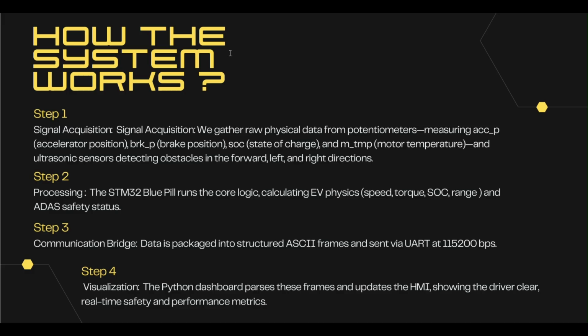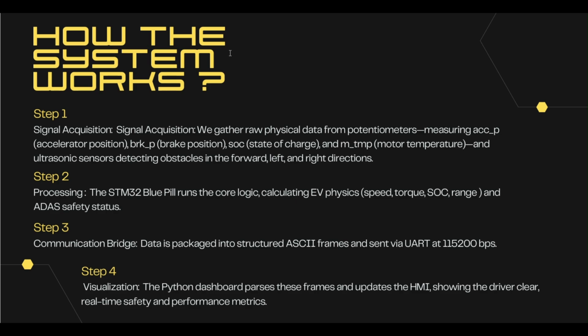It also tracks the distance data from our ultrasonic sensor. Step 2, processing. Once the STM32 has these raw numbers, it uses simple math formulas to turn them into real world values like speed in kilometers per hour, motor torque, and the exact time left before a crash.